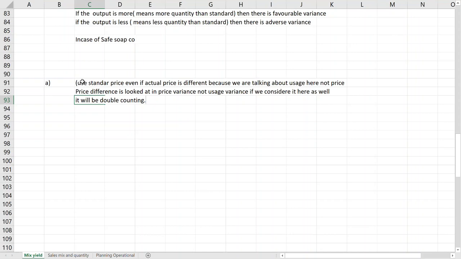No, I'm saying in a question, if there are two things given, standard price and actual price, you use standard price when you are talking about usage variance. We don't touch actual price. The amount will be different.